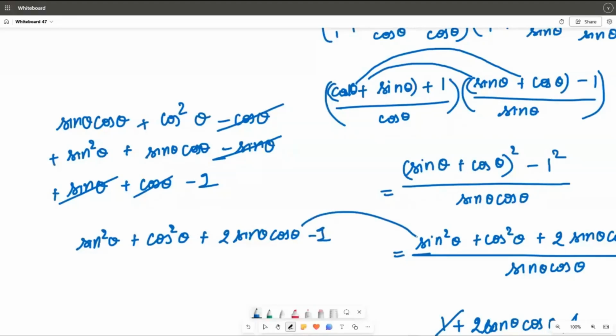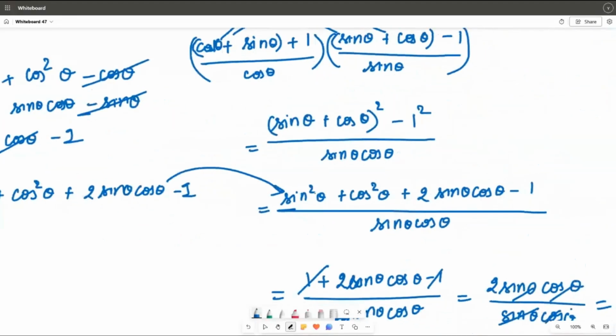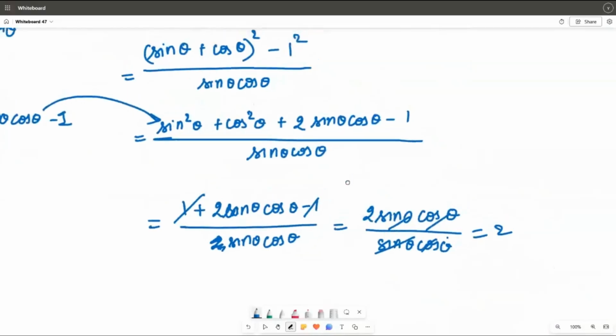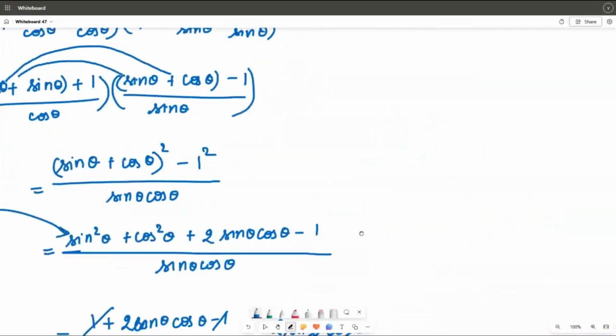That is the exact same thing which you got in this step, right? Next sin square theta plus cos square theta equal to 1, and 1 minus 1 is 0, and therefore 2 sin theta cos theta by sin theta cos theta we get as answer 2. Now let's see the second bit.